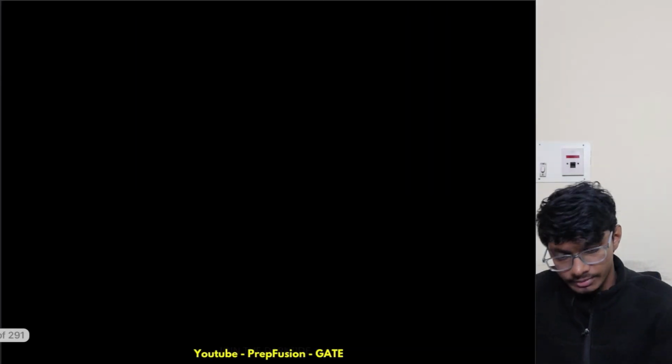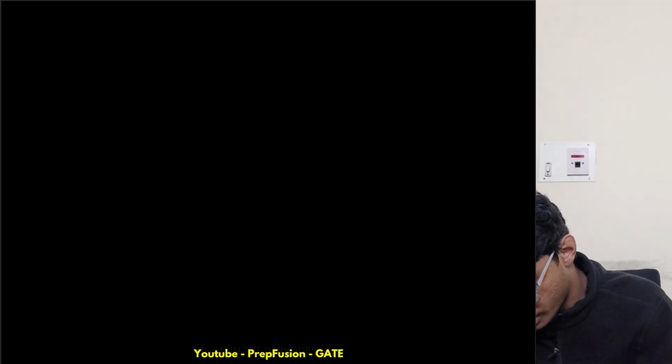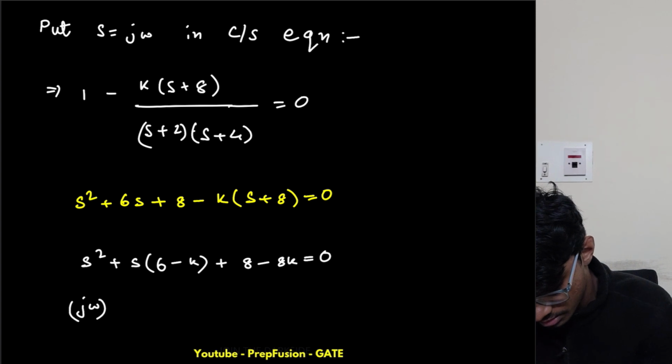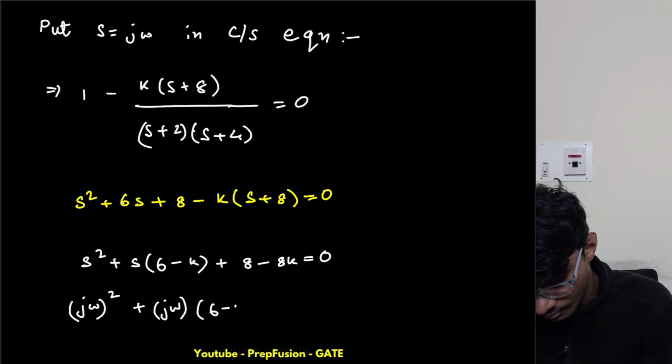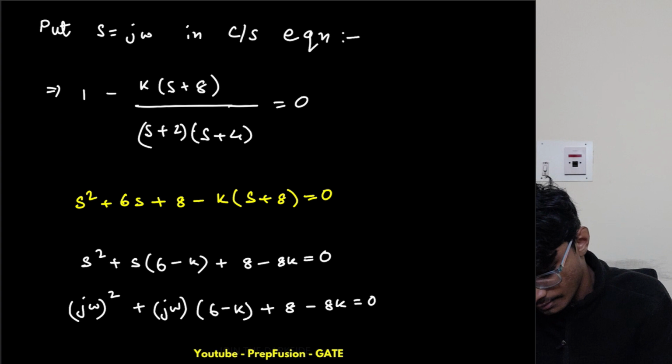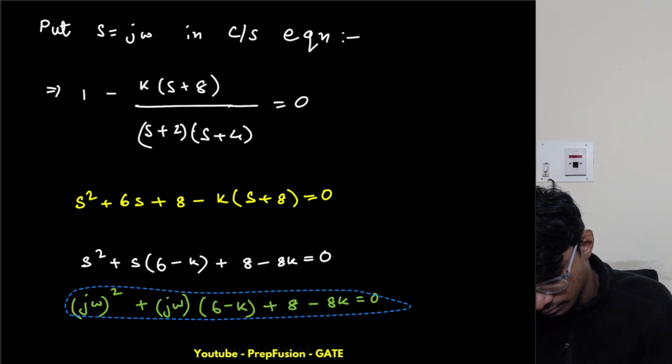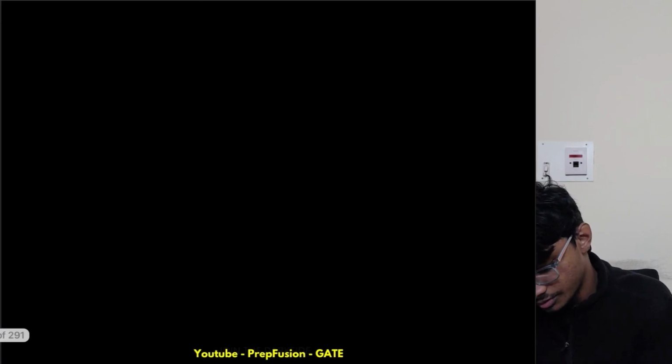So what will I get by putting that? If I put s equals j omega, this becomes j omega whole square plus j omega into 6 minus k plus 8 minus 8k.